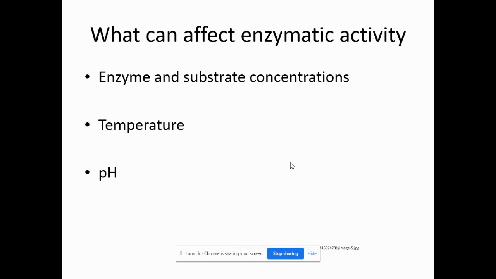Now, but that is not an infinite relationship. Let's say you have the substrates at a specific, constant level. You can't just continually increase the enzymes more and more and more to get faster enzymatic activity. Why not? Well, eventually you're going to react with all the substrates that are there. All right.